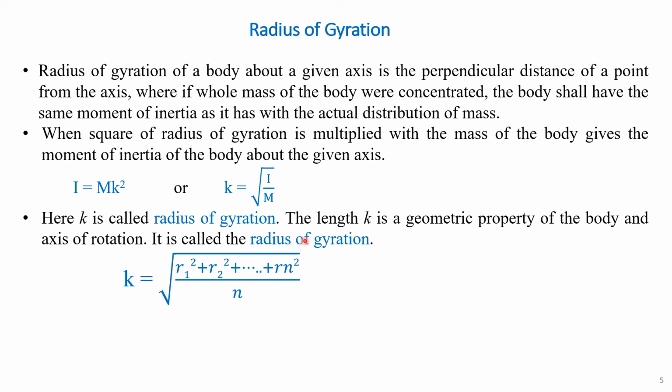It is given by the relation small k is equal to square root of r1 square plus r2 square plus and so on up to rn square, divided by n, where r1 is the distance of particle 1 from the axis of rotation, r2 is the distance of particle 2 from the axis of rotation, and rn is the distance of the particle from the axis of rotation.